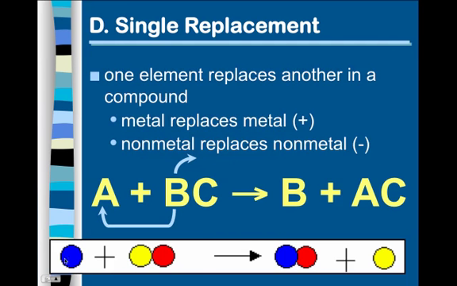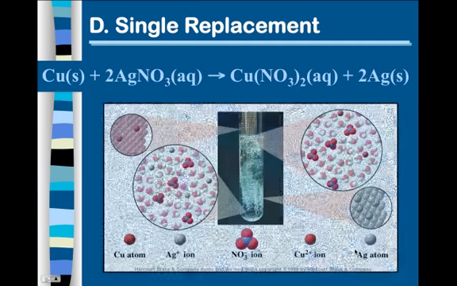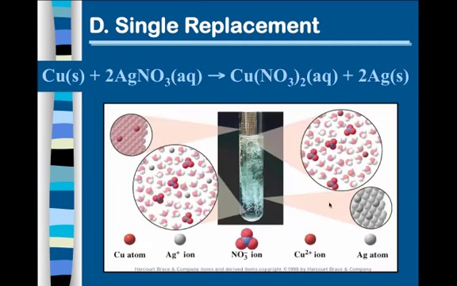Just like in this, you've got the blue ball plus the yellow and red balls yield the blue and red plus the yellow. An example of a single replacement reaction is copper taking the place of silver in silver nitrate to leave you with a silver plated metal.